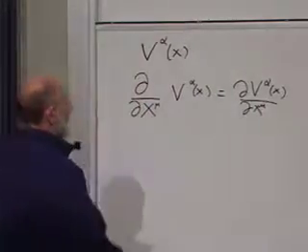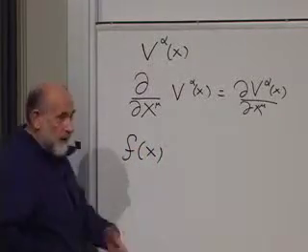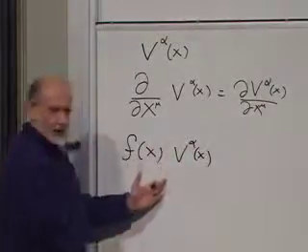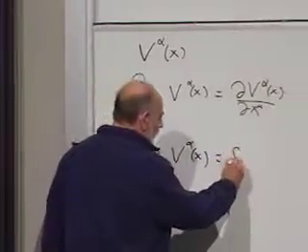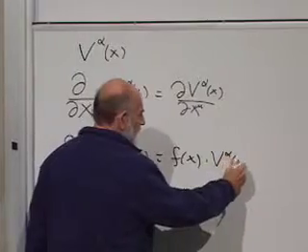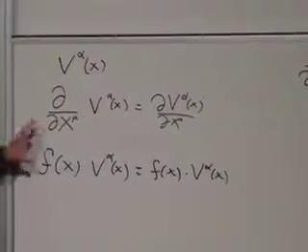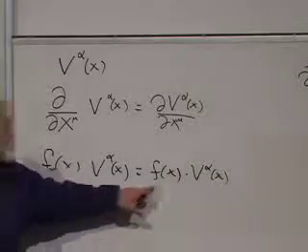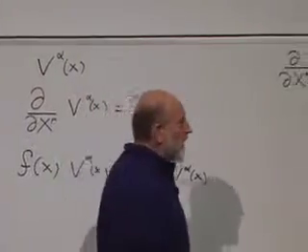So for example, applying f of x as an operator to v alpha of x just gives you f of x, let's say, times v alpha of x. The little dot is redundant, but I just want to distinguish between f of x as an operator acting on v alpha of x. All it does is multiply. So that's another example of an operator.